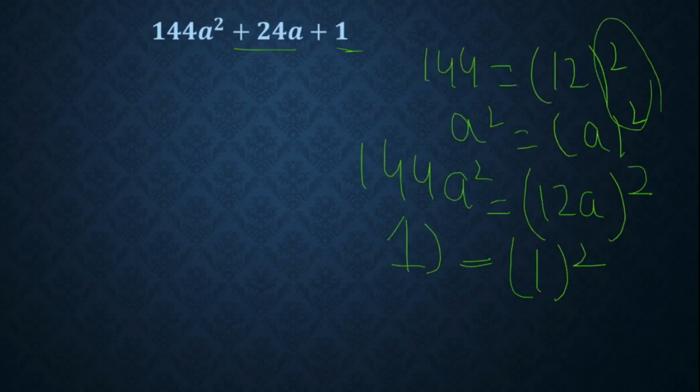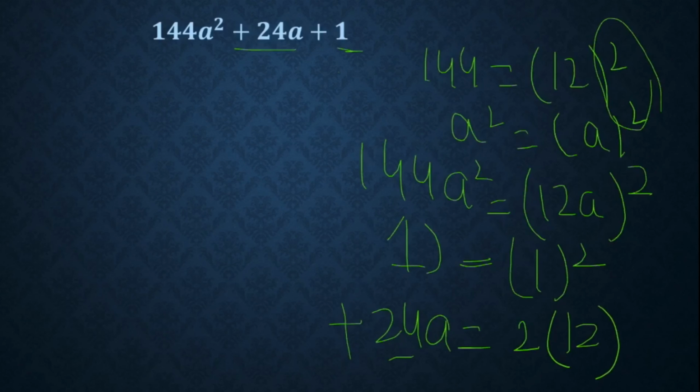Now what is plus 24a? This is the product term of the formula. It can be written as 2 into, how many times 24? 12 times, and this a is the a of the term 12a, and 2 times 12 is 24 with a, 24a. 24a will be multiplied by this 1, so we will get 24a.